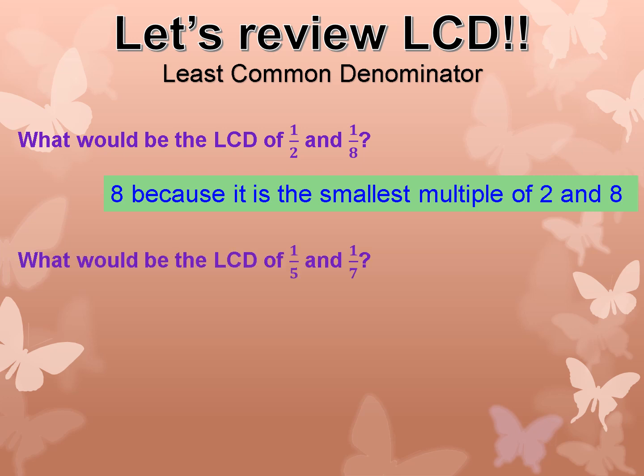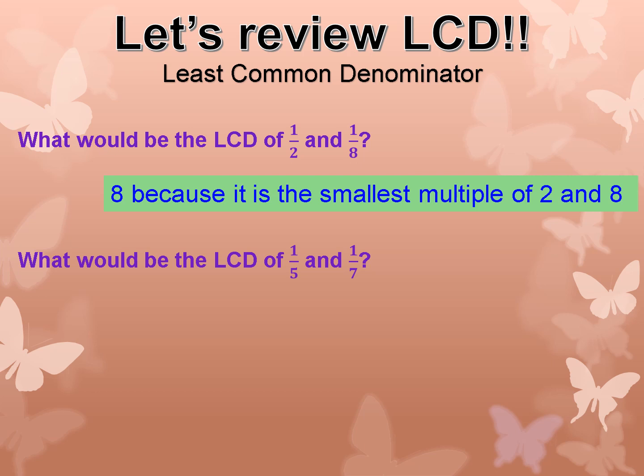Let's talk about the LCD of 1/5 and 1/7. Now, obviously 5 doesn't go into 7 and 7 doesn't go into 5. So we take our largest denominator, which is 7, and we go, okay, so the next multiple of 7 is 14. Does 5 go into 14? No. So the next multiple of 7 is 21. Does 5 go into 21?